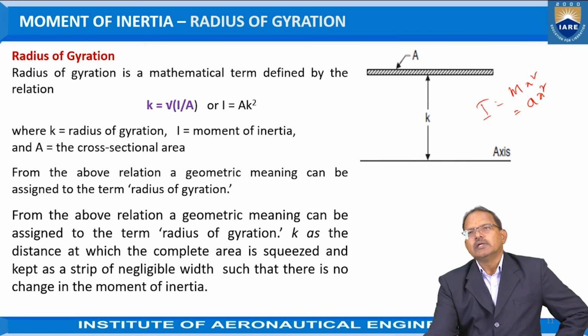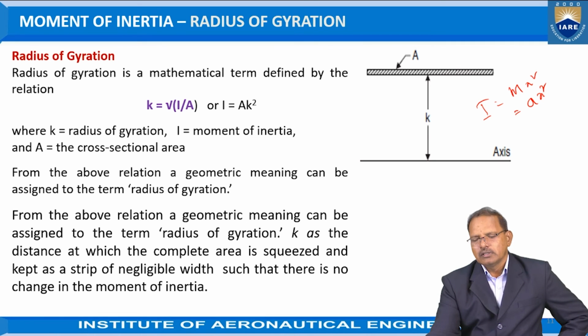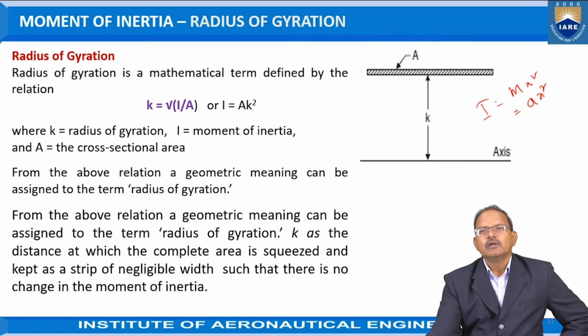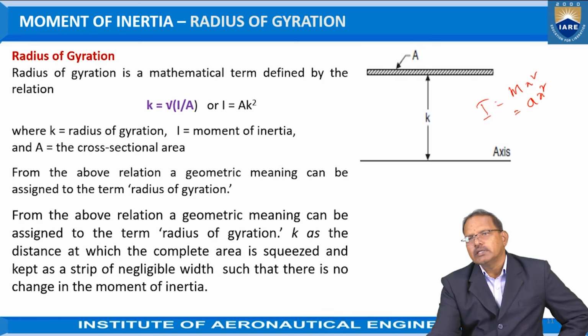If the entire area, which is sometimes irregular, is assumed to be concentrated at a point, at which point is it concentrated? It is concentrated always at its center of gravity only, or the centroid of the plane area.